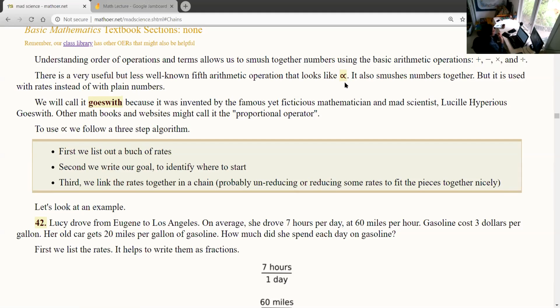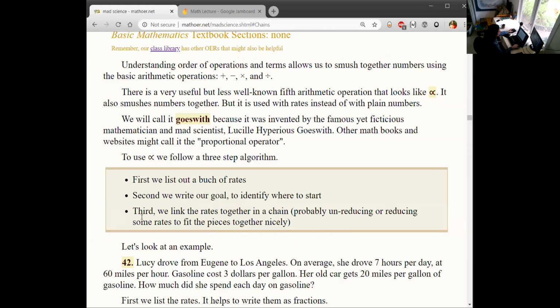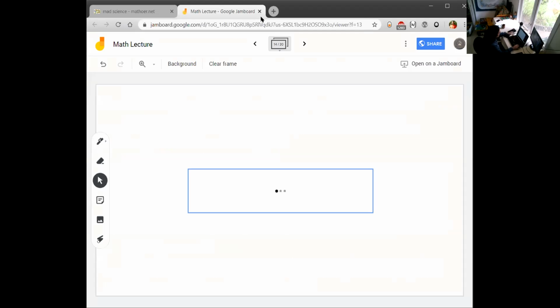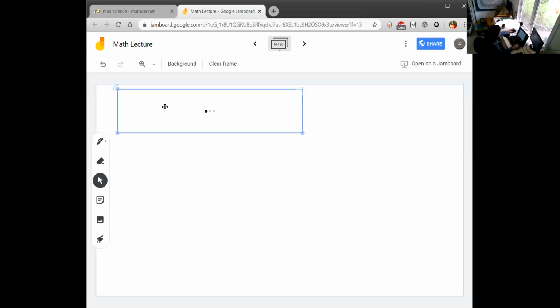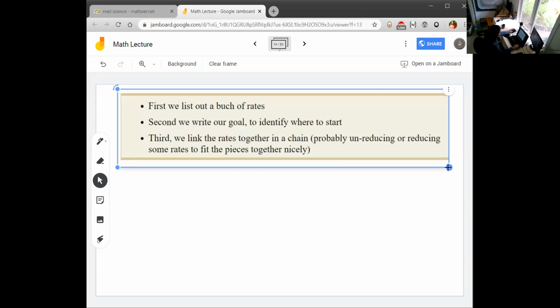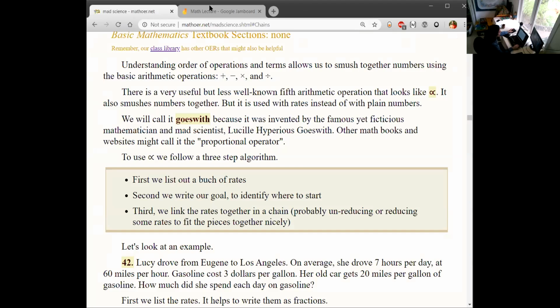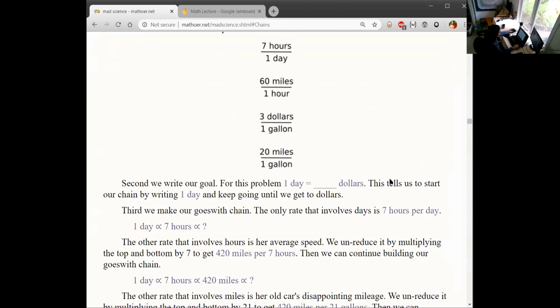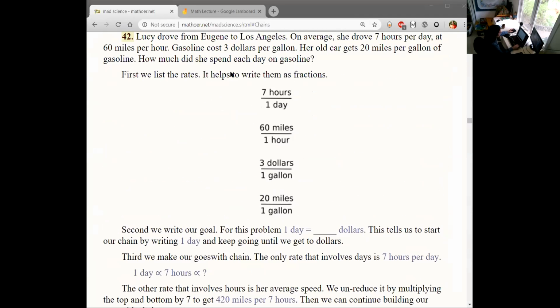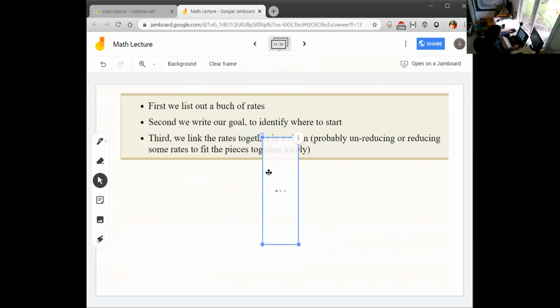And there is a 3-step process of how to do this kind of problem. I'm going to grab that and put it on a page. Here's the problem that goes with it.